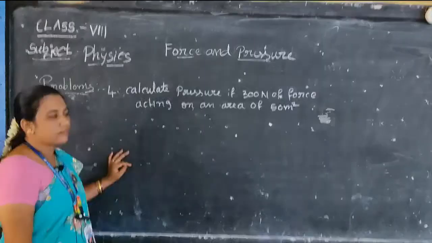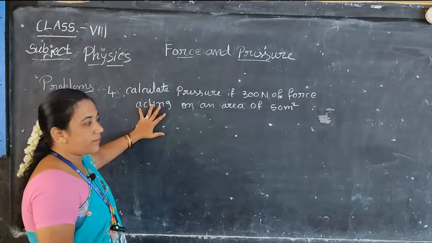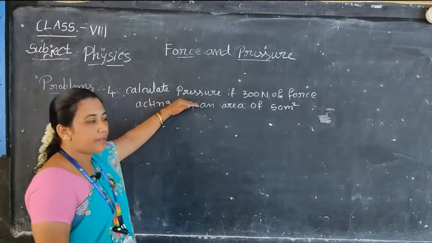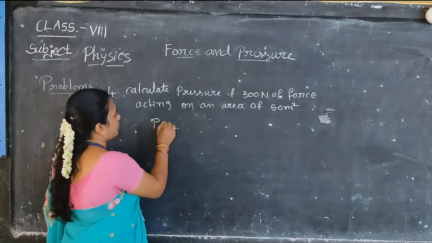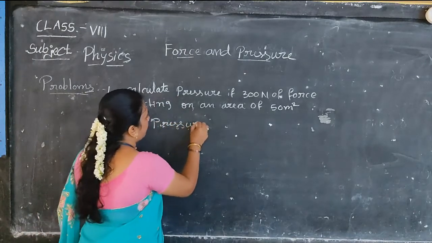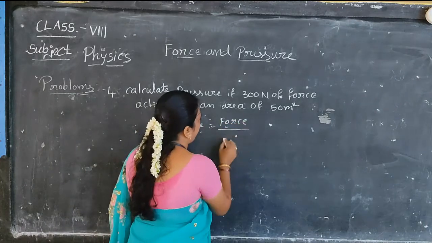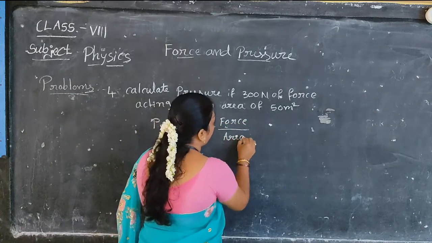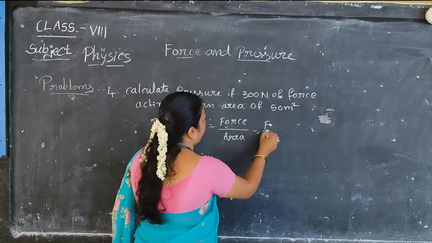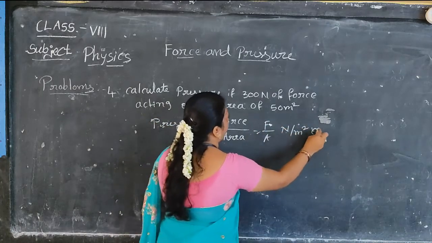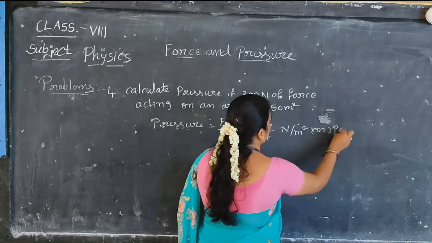Okay, coming to the next problem. Here also, what do you have to calculate? Pressure. So what is the formula for pressure? Pressure is equal to force by area, F by A, Newton by meter square or Pascal.